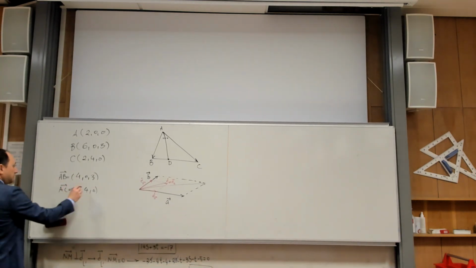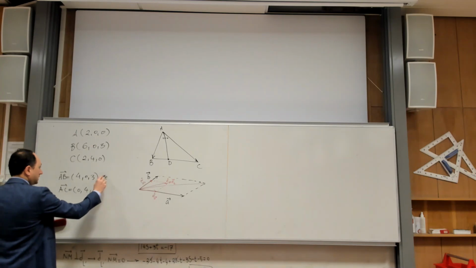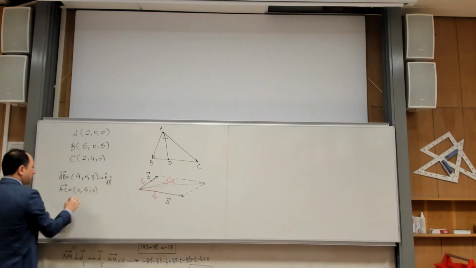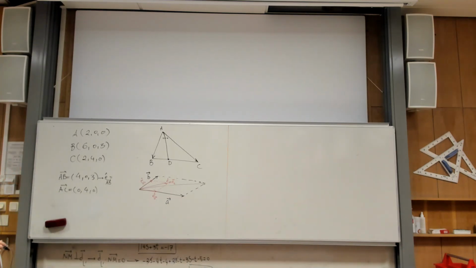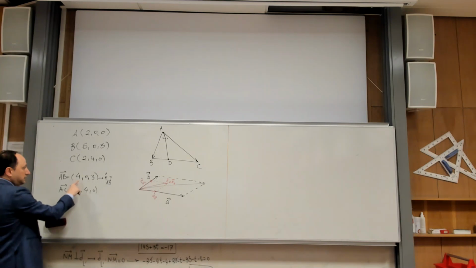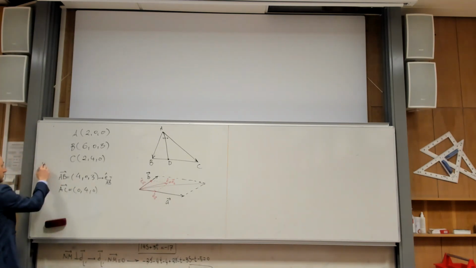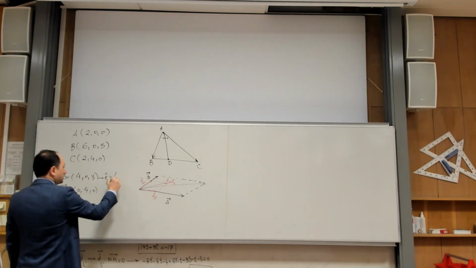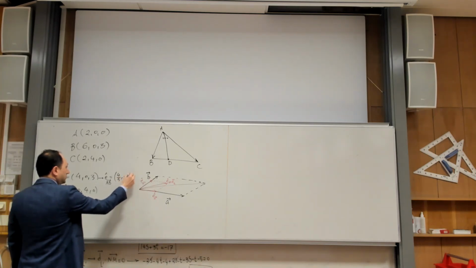And then from here, how can I find this unit vector? Do you remember? I have to divide the vector by its length. But what is the length of this vector? The length of this vector is the square root of 16 plus 0 plus 9, which is 5. So I divide everything by 5, so it becomes (4/5, 0, 3/5). Yes?